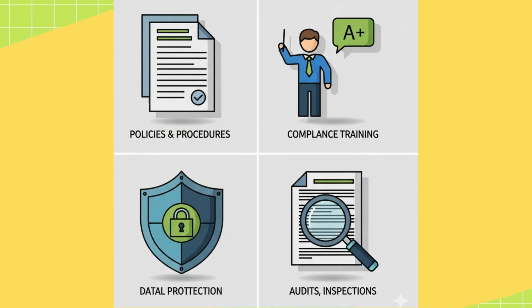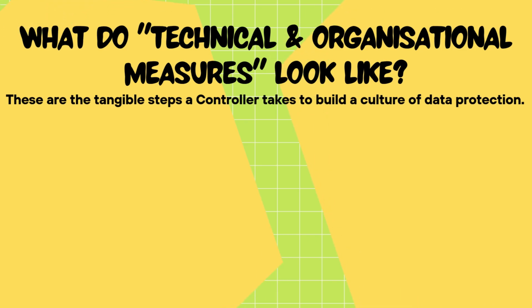Okay, so what exactly are these measures? Let's look at some practical examples. Technical measures, the how: encrypt data at rest and in transit, use pseudonymization, anonymization, secure networks and servers, implement access control, give access only to those who need it, and regularly test systems for security weaknesses. For organizational measures: maintain internal privacy policies and procedures, conduct regular data protection training for employees, perform DPIAs, keep records, and have clear data processing agreements.